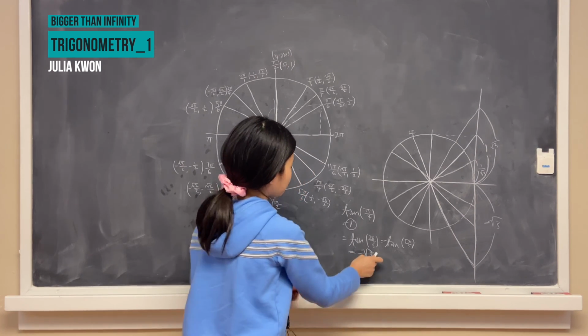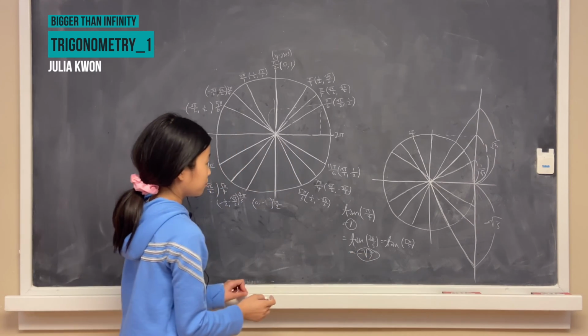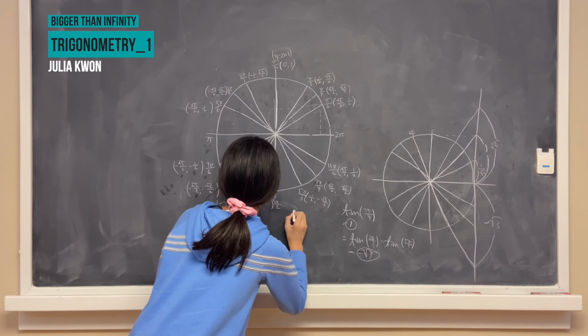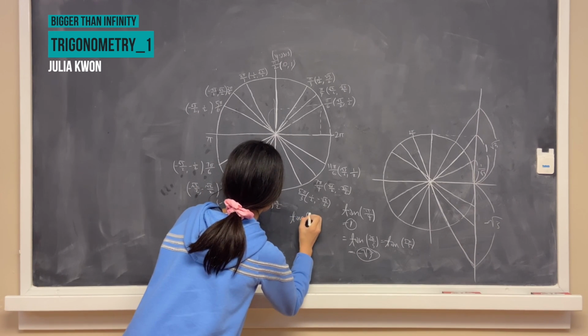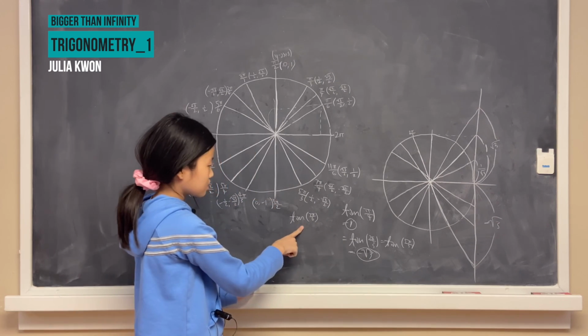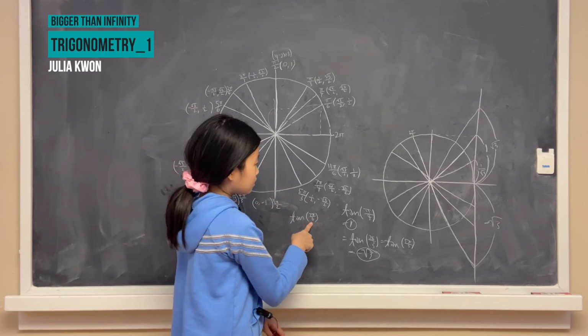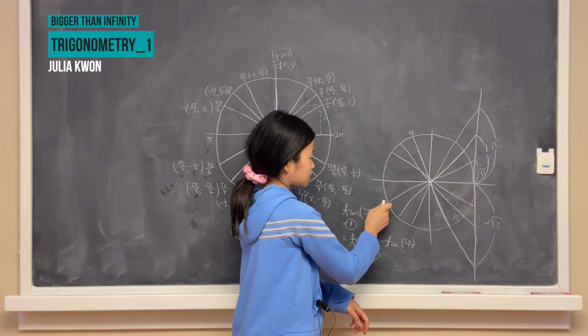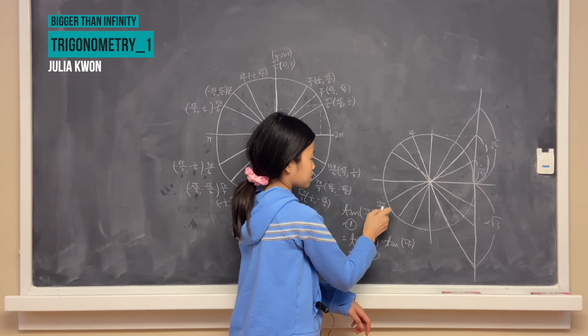And I would like to do one more example, which will be tangent 7 pi over 6. And tangent 7 pi over 6 is here, 7 pi over 6.